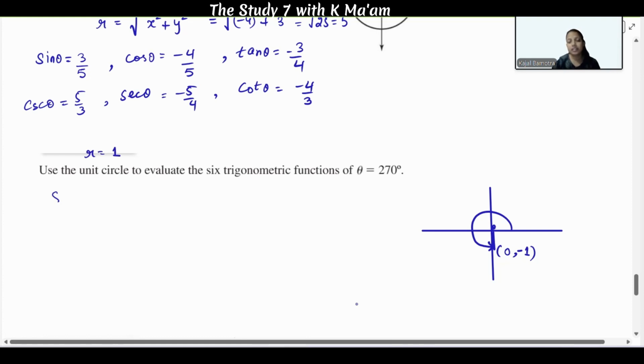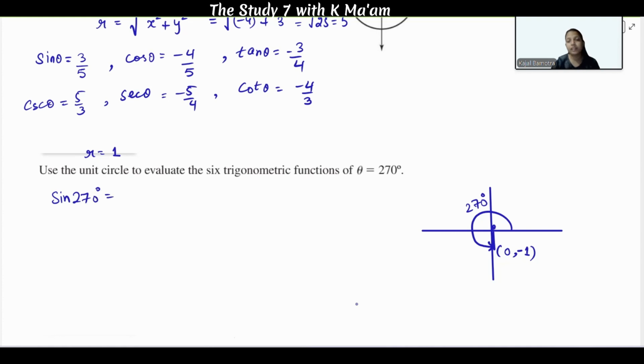Let's find sine, because this angle is 270 degrees. Sine of 270 degrees is negative 1 over 1, which is negative 1. Cos of 270 degrees is 0 over 1, that's 0. Tan of 270 is negative 1 over 0, which is undefined.